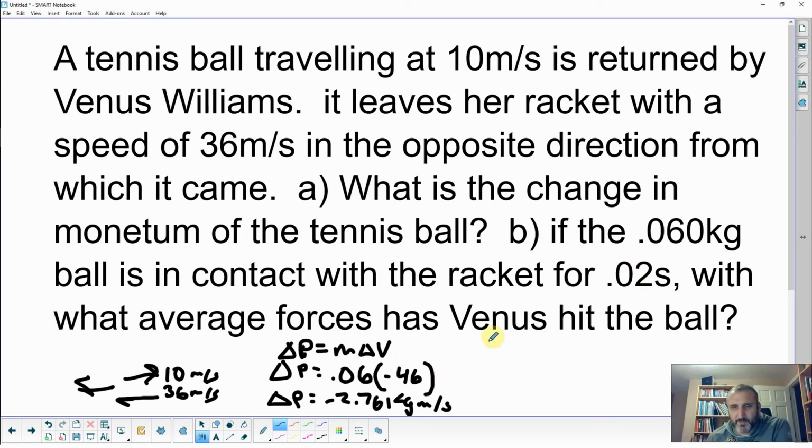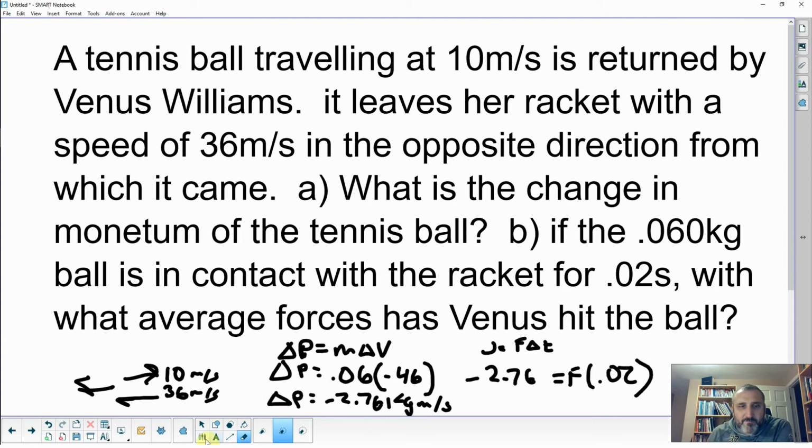Well, now we can do, again, delta P, the change in momentum, is caused by an impulse, so J equals F delta T. So now I know J, which is negative 2.76, and that equals F times the delta T, which is 0.02 seconds.